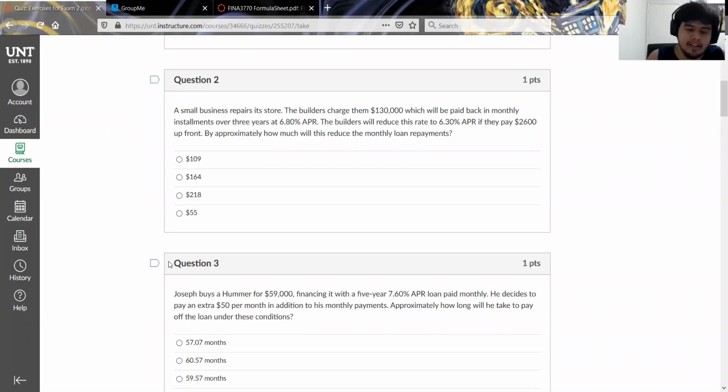Yeah. So you have to use the TVM solver and the finance thingy. Where is that? Click apps, then finance, then TVM solver. We have to use this. N is 36.